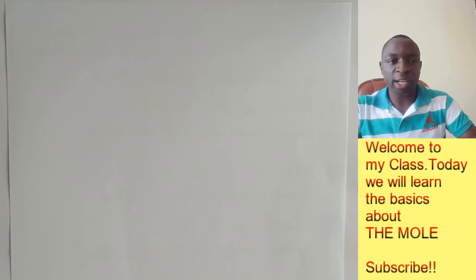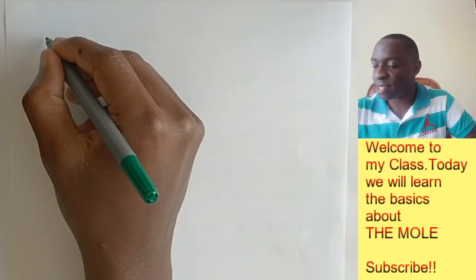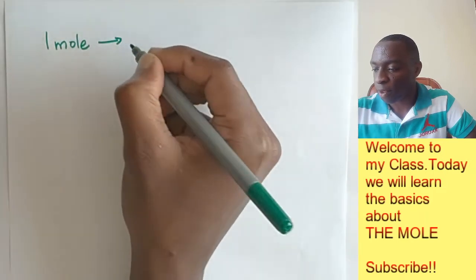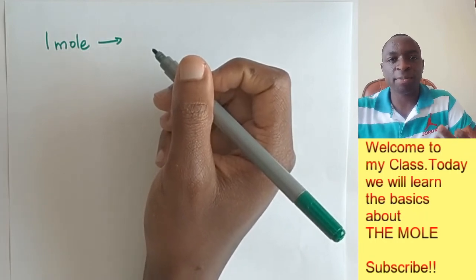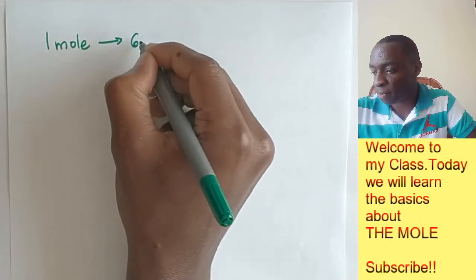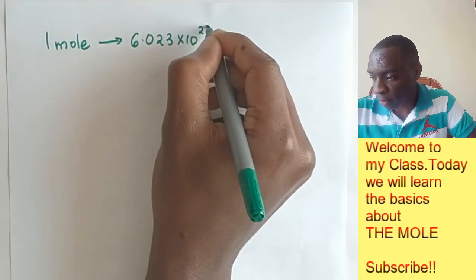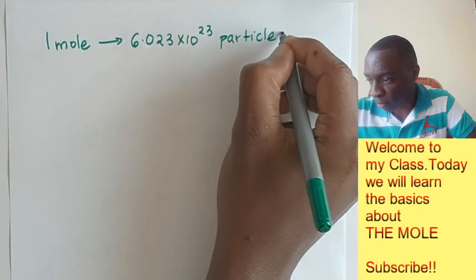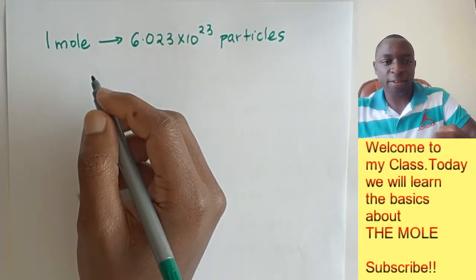Now I'm going to relate this in the form of another formula, the second one, that is going to be very important for us. You start off by saying, if 1 mole of any substance has 6.023 times 10 to the power 23 particles, then we can also have another formula from the molar mass.